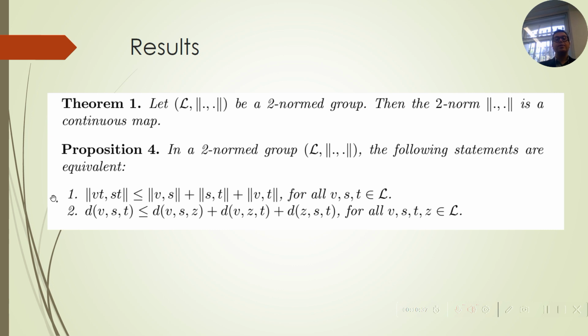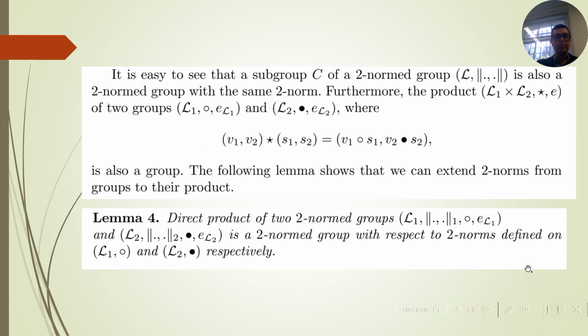And the next proposition: in a two-norm group L with this notation, which was the two-norm group notation that I explained before, the following statements are equivalent. This condition is like a triangle condition, a little similar to that. This is equivalent to 2. We can go from 1 to 2 or 2 to 1.